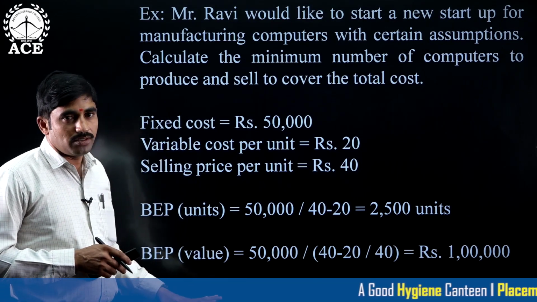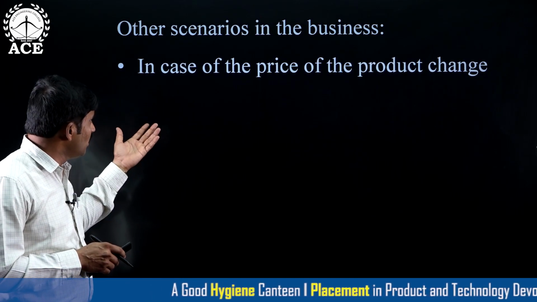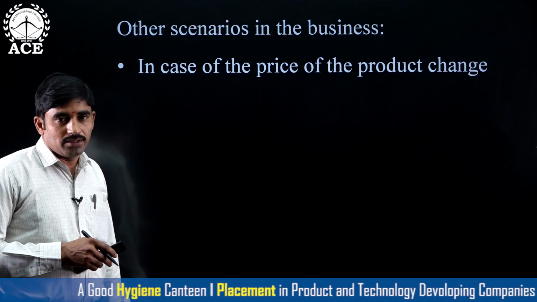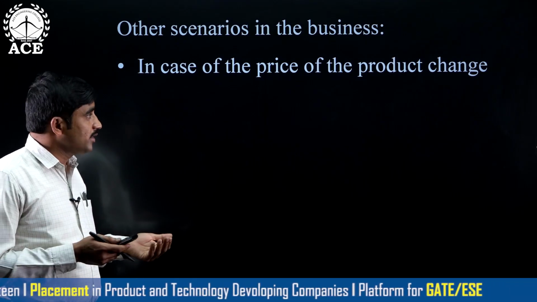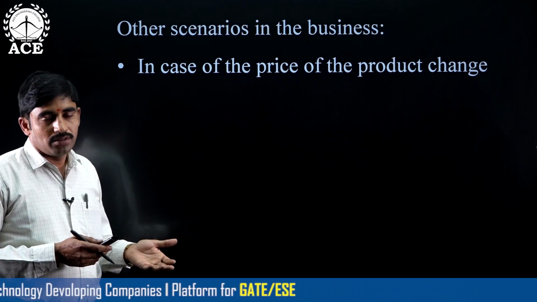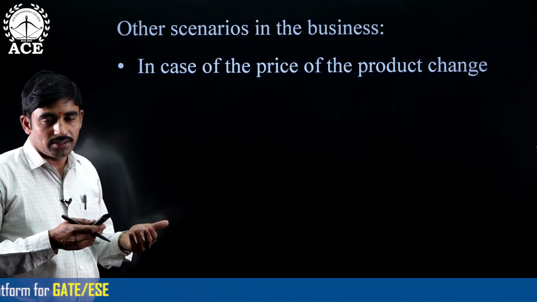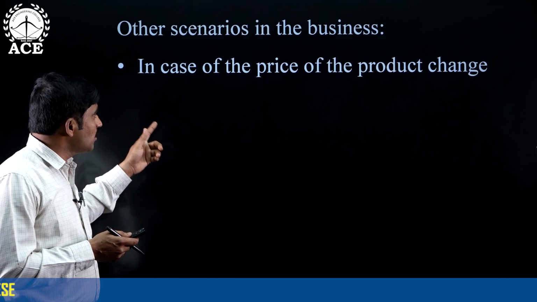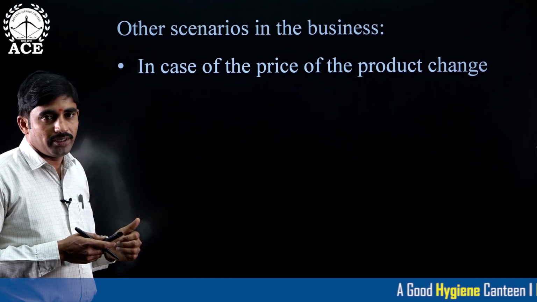Apart from this, we have different scenarios in businesses. That is, in case the price of the product changes. While producing the product, suddenly due to various reasons in the market, there may be a change in the cost. Since the cost is increasing gradually, we need to increase the selling price also. So in case the price of the products changes, we will calculate the break-even point.